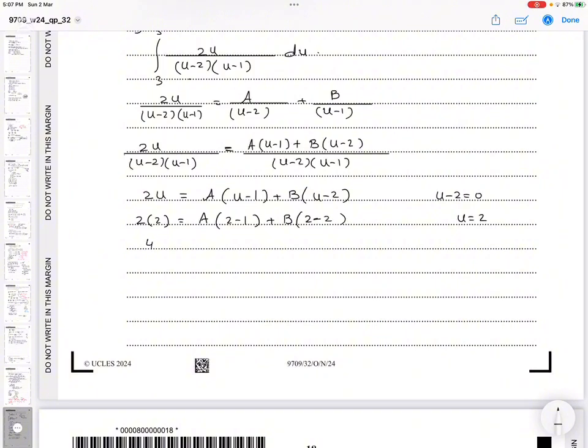Okay, now 4 equals a, and this will be gone. So a is equal to 4.